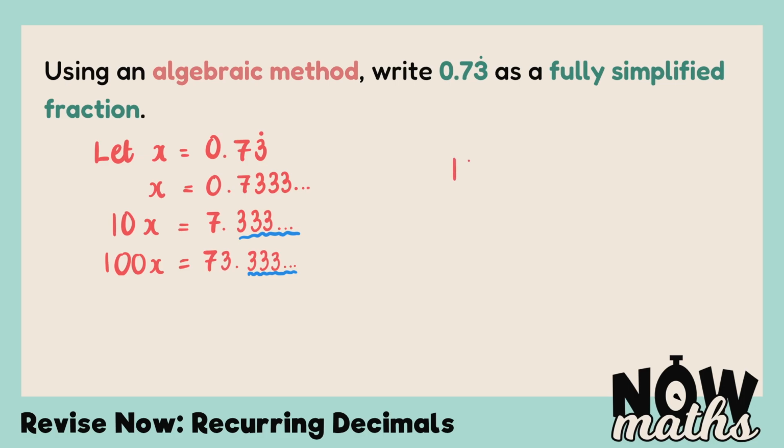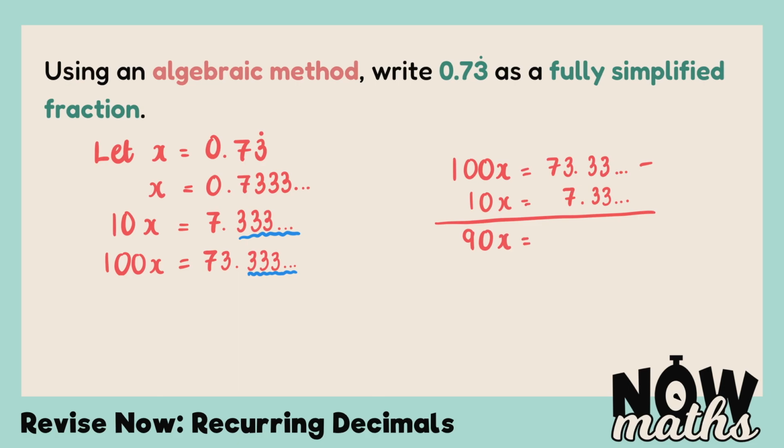So we write down 100x first because that's larger, which is 73.3 recurring. And we subtract 10x, which is 7.3 recurring. And 100x subtract 10x is 90x.